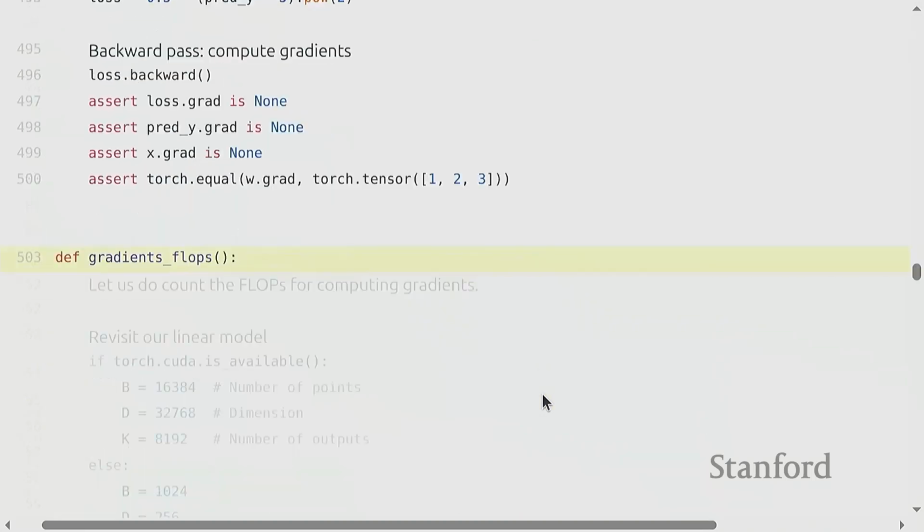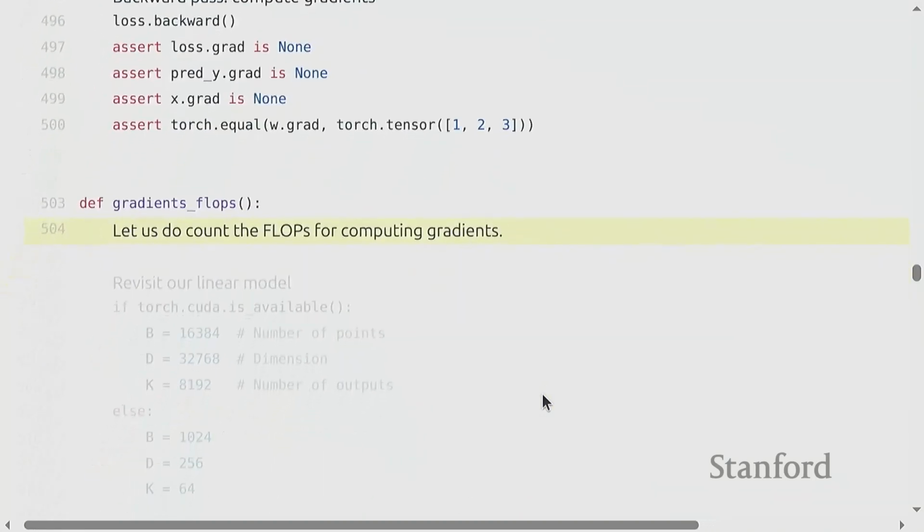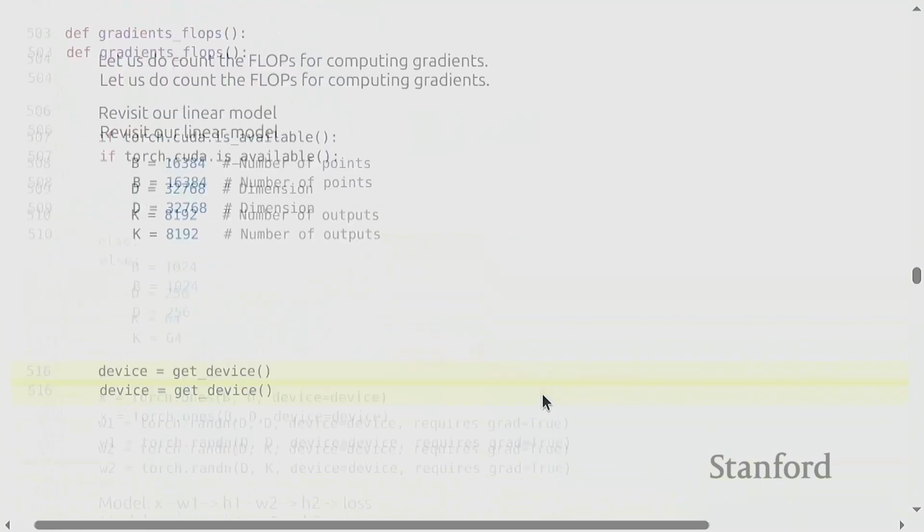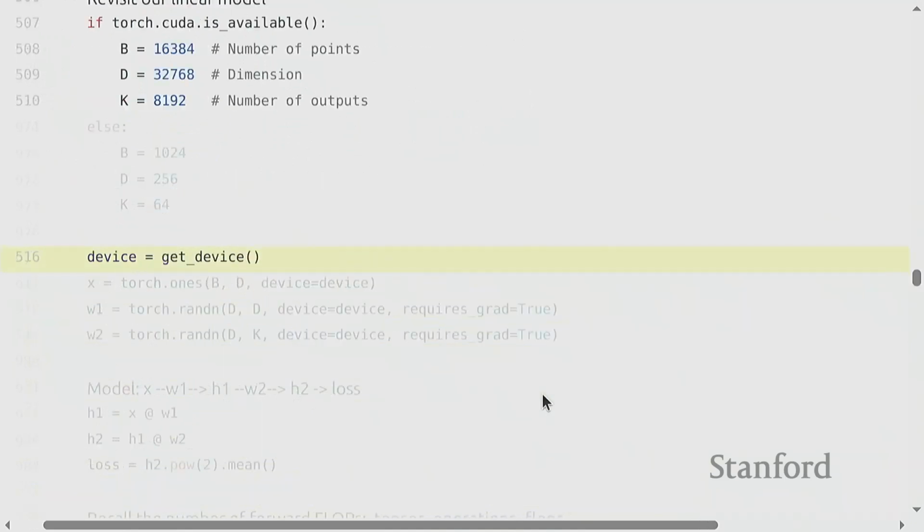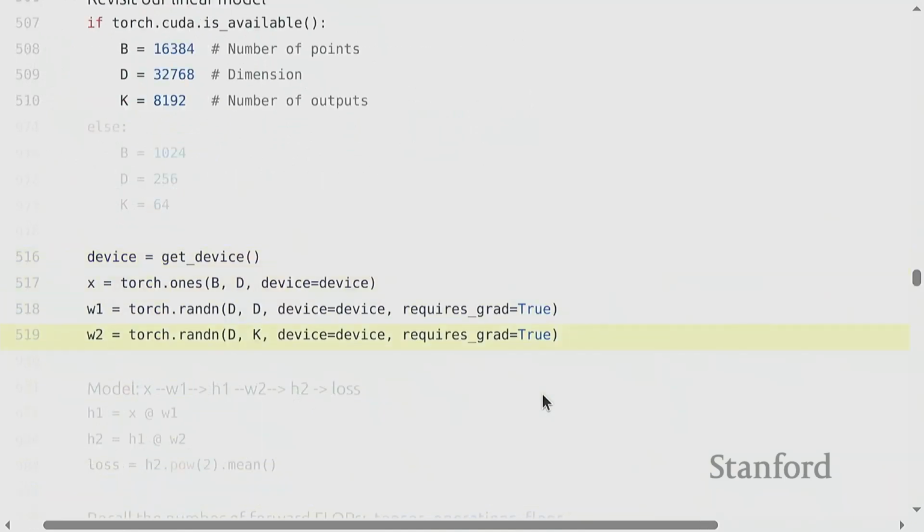So let's look at how many flops are required for computing gradients. Okay, so let's look at a slightly more complicated model.